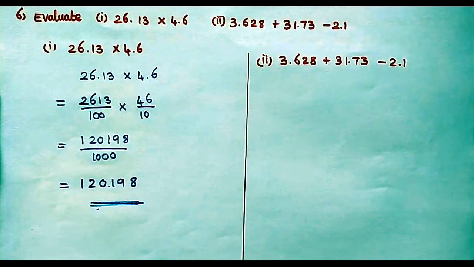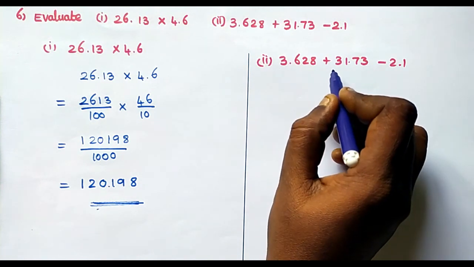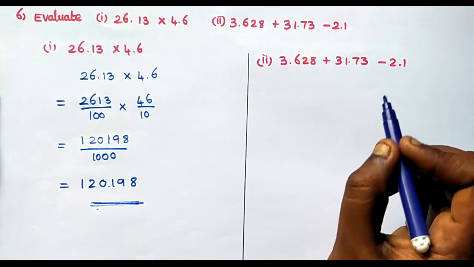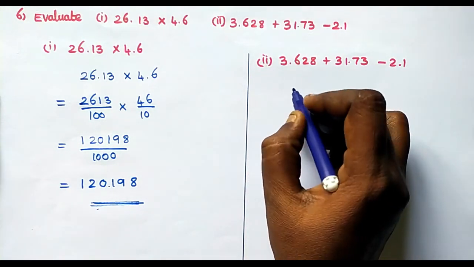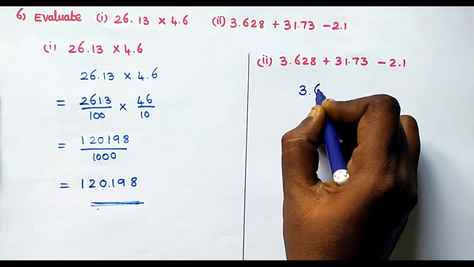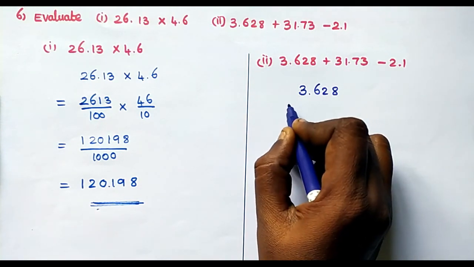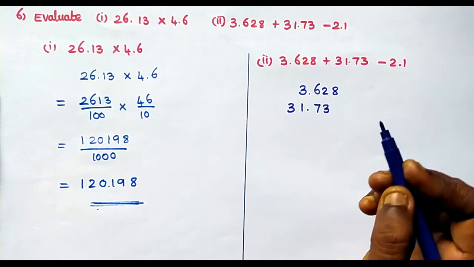Next one, 3.628 plus 31.73 minus 2.1. First add these two numbers, 3.628 and 31.73.